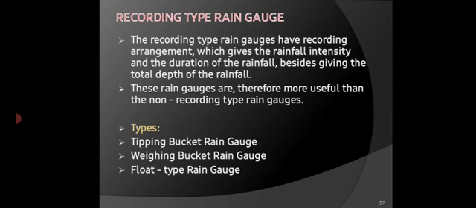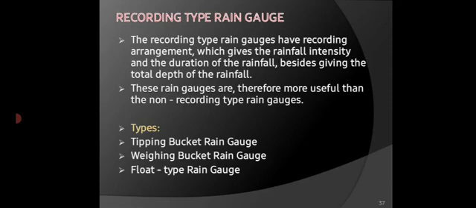Let's see the recording type. The recording type rain gauges have a recording arrangement which gives the rainfall intensity and the duration of the rainfall, besides giving the total depth of the rainfall. These rain gauges are therefore more useful than the non-recording type.